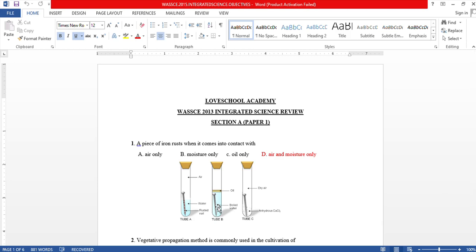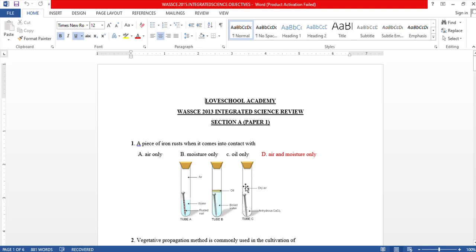So boiled water has no dissolved oxygen or dissolved air, because air happens to be one of the factors that cause rusting. Now the oil there would also prevent the air here from dissolving in the water to get to where the nail is and cause it to rust.